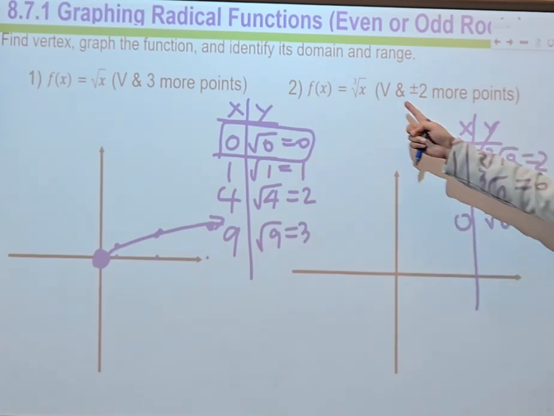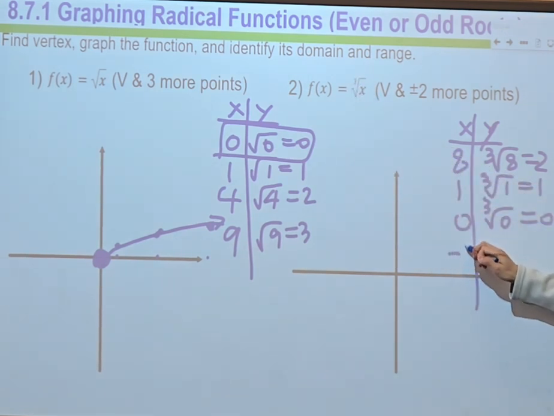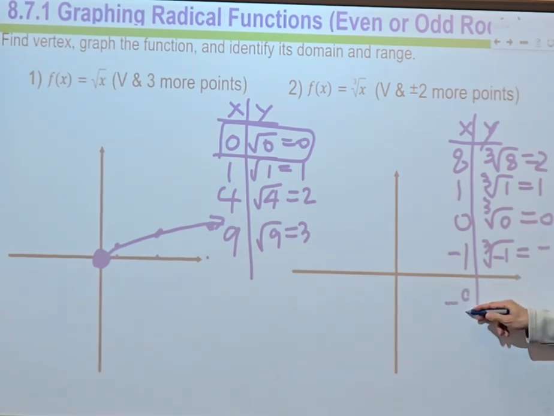But now, this odd root can be a negative number. So negative 1, then cube root of negative 1 is what? Just negative 1. Because negative 1 three times is still negative 1, right? So negative 8, cube root of negative 8, negative 2 times negative 2 times negative 2. That becomes negative 2. Got it?